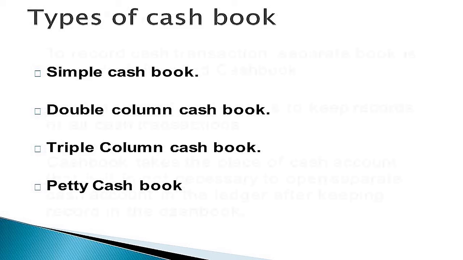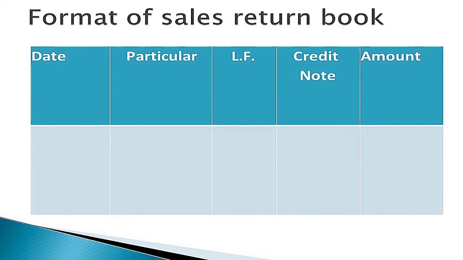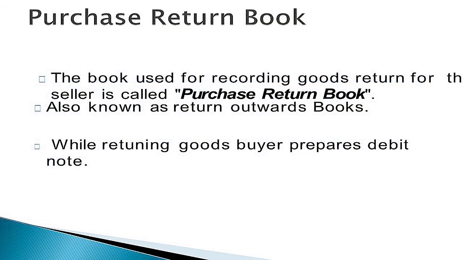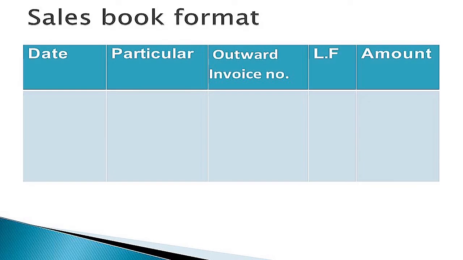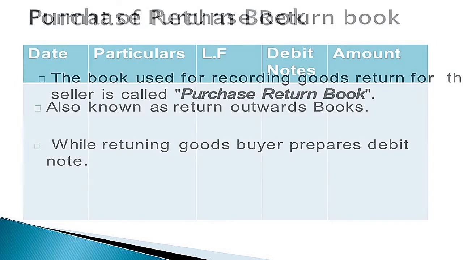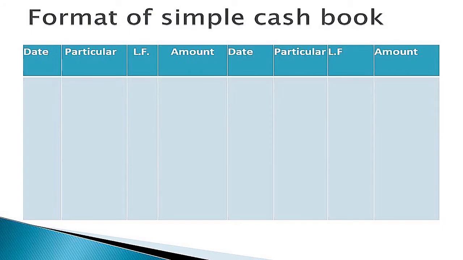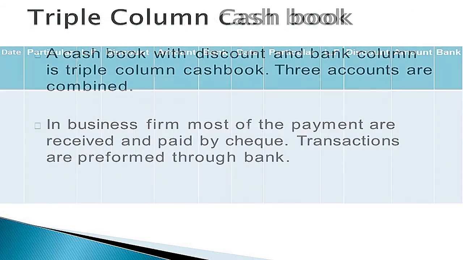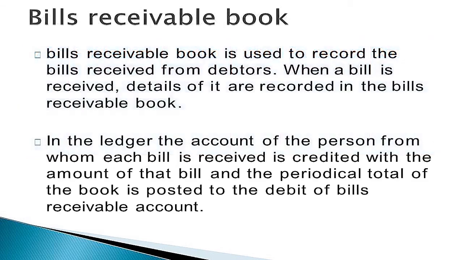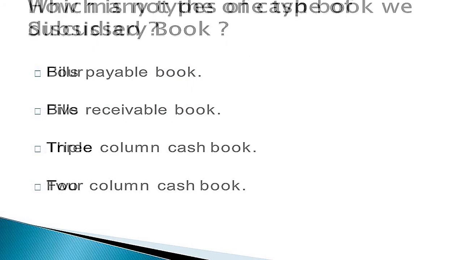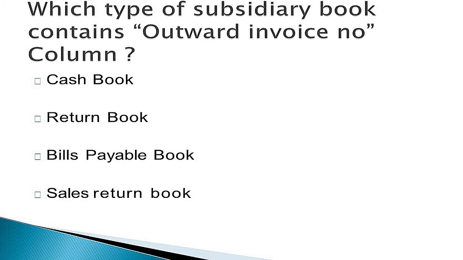Look at that. Which book? The sales book has the outward invoice number. The answer is the sales book.